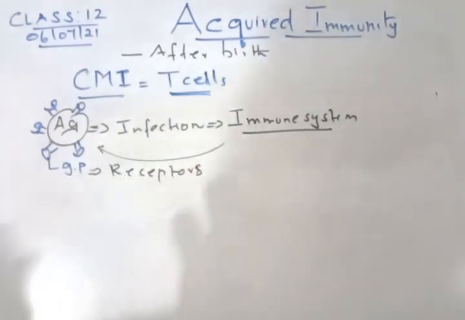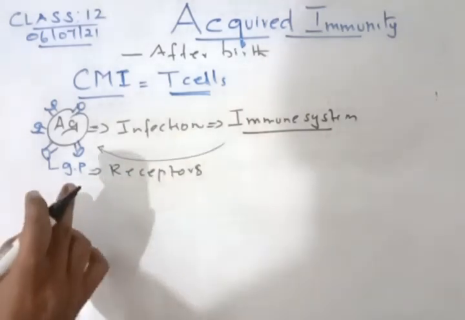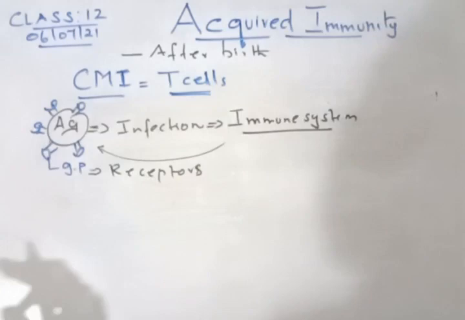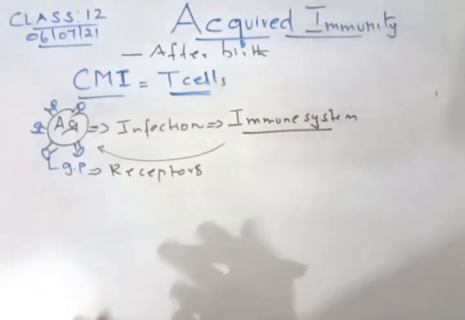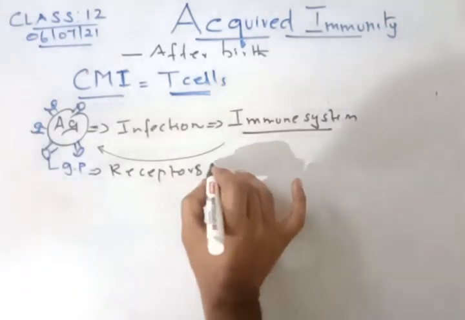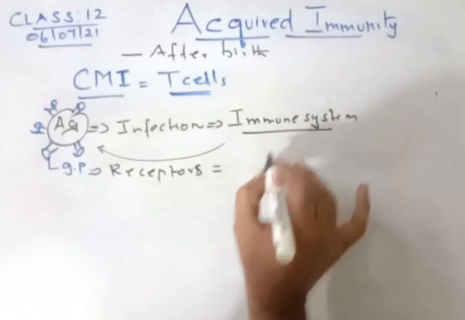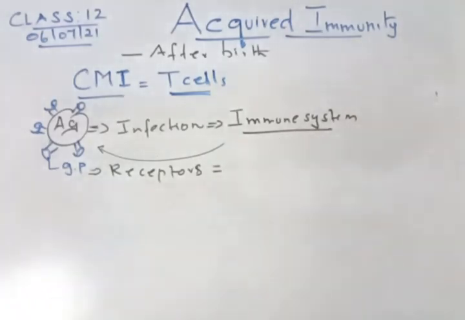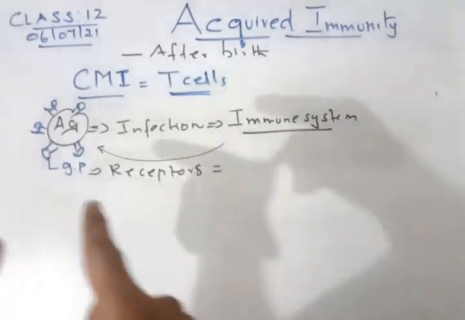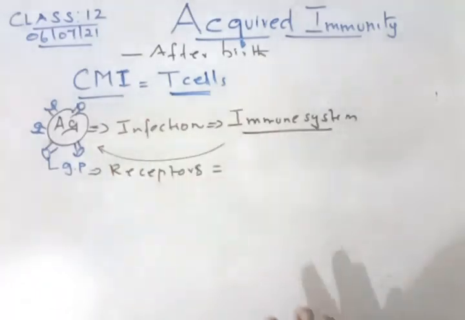Now this glycoprotein, which is presented on the surface of this antigen, will act as a receptor for certain cells present in the immune system. The immune system will not go straight away and bind with this receptor. The immune system has certain cells.